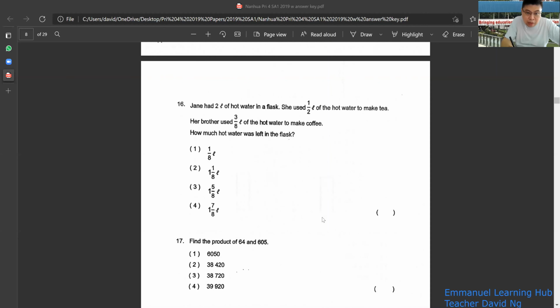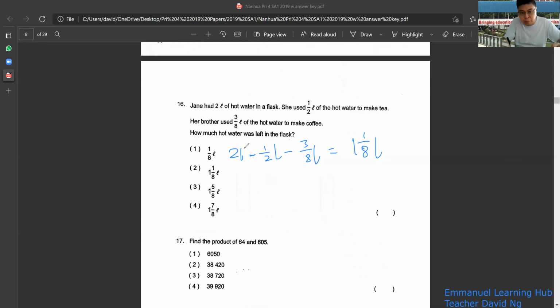Correct. You know how to get the answer? Can you tell me how you get the answer? Use 3 over 8 plus 1 over 2. Then after that, the answer minus 2 liters. Actually, it's 2 liters minus half liters minus 3 over 8 liters. That's how you get 1 and 1 over 8 liters.